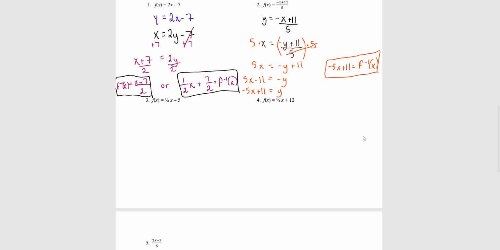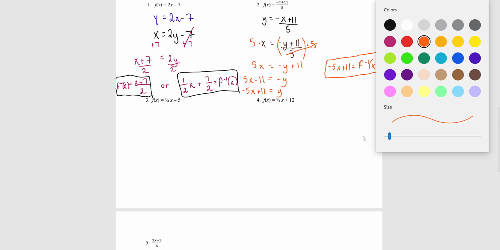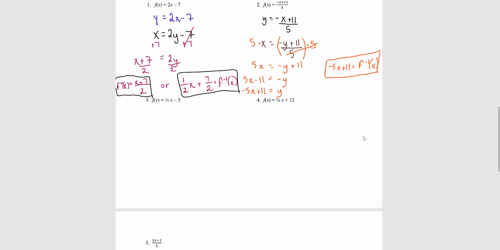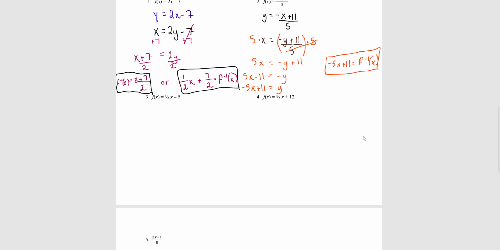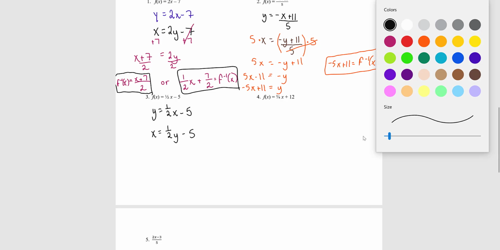All right, I'll do one more and then have you try number 4. And then we'll check these. So y equals 1/2 x minus 5. Swap out the x and the y, and then solve for y.